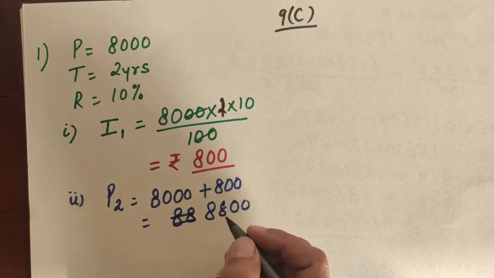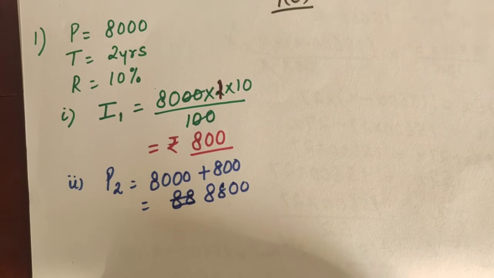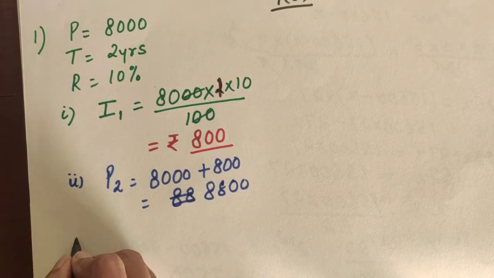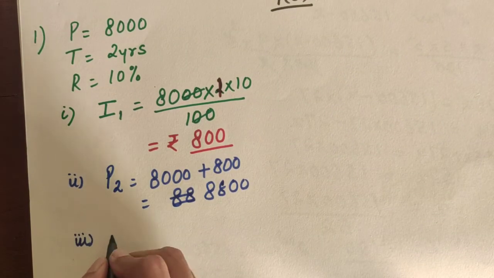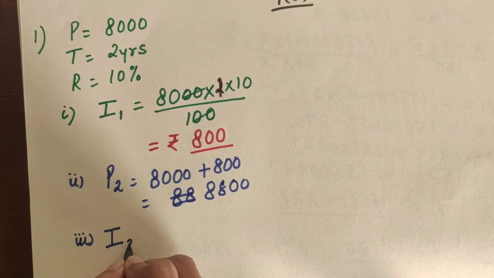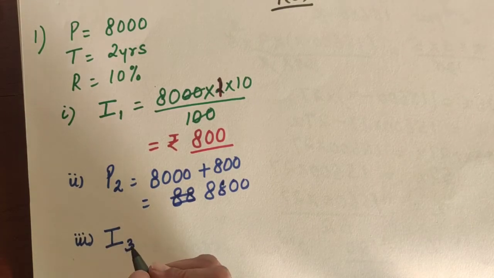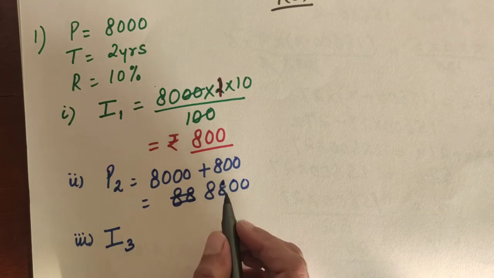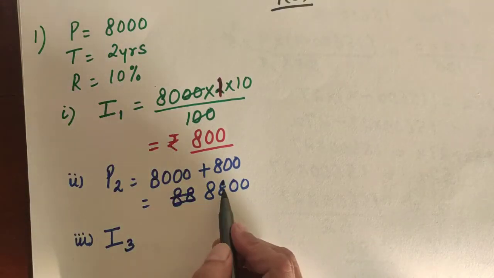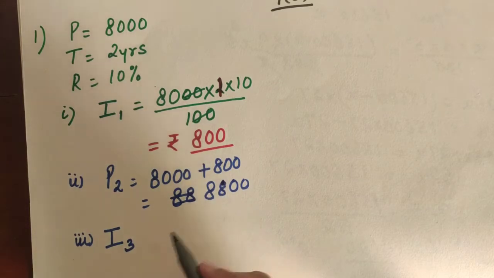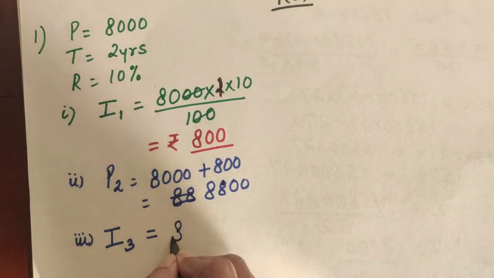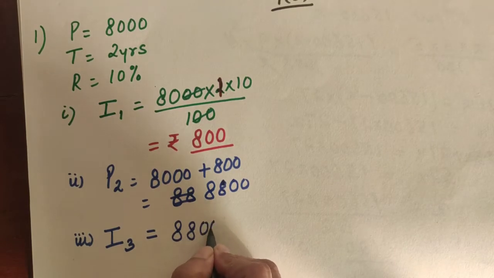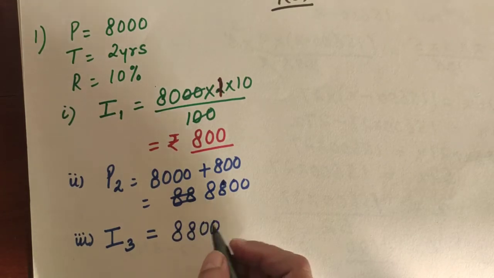Now the third part is interest for the second year. For this interest, the principal for the second year will be used, not the initial principal, because that is what compound interest is. It gets compounded every year. So the principal keeps increasing. So 8,800 is your principal here.